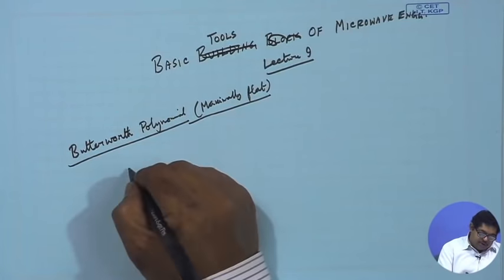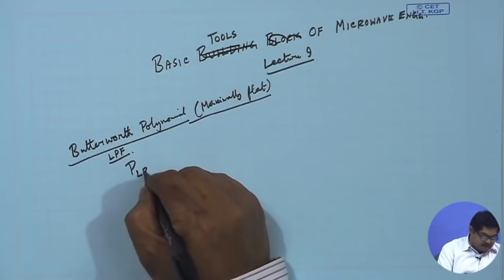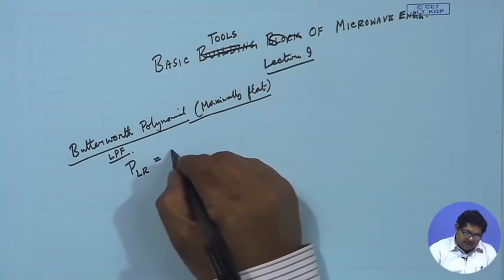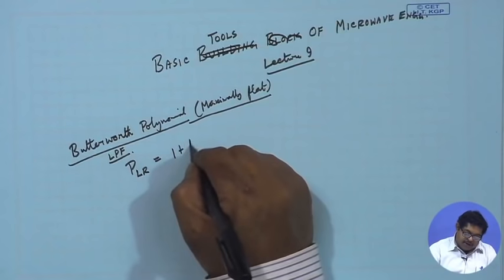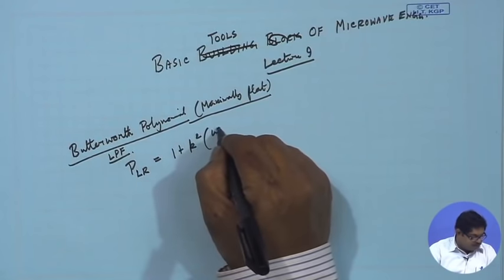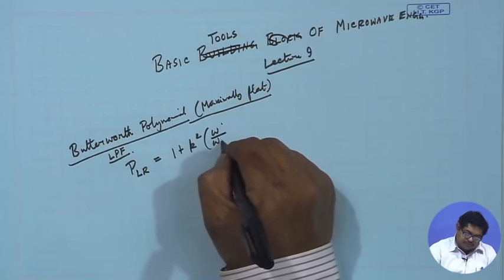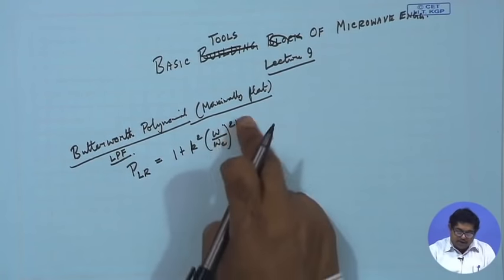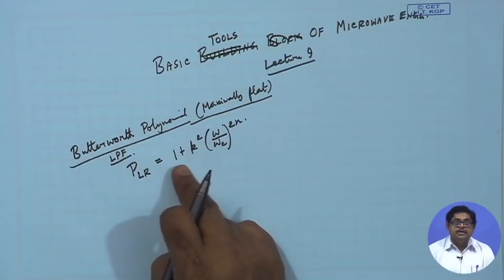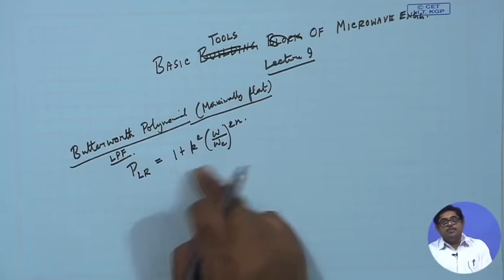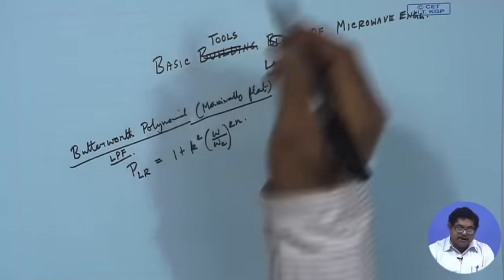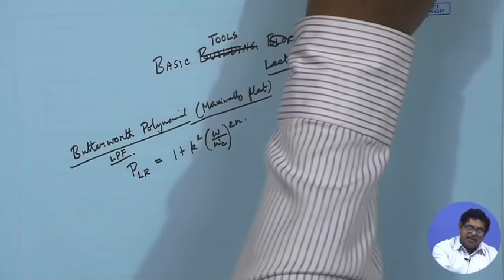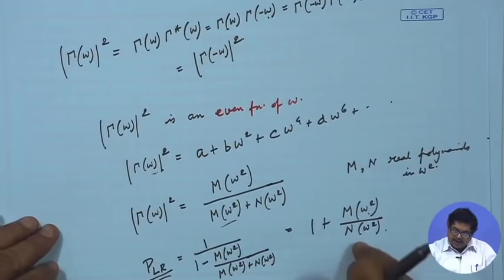So, for a low pass filter, the specification, if we follow Butterworth, you know Butterworth polynomial is given like this. Already, you see that it is a function of only omega square. So, it is realizable from this property of m and n, that okay, I can realize it.